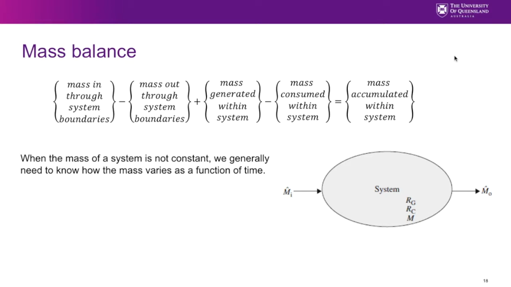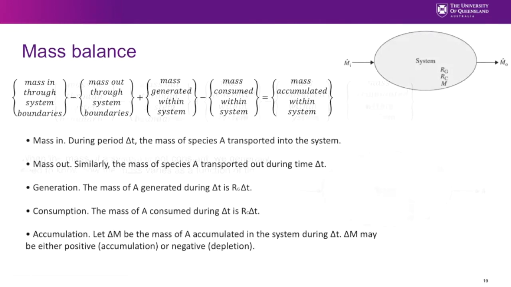The change of the mass over time. But in modeling, we're always going to have dynamic systems that change over time, and then eventually reach steady state conditions. So when the mass of a system is not constant, we generally need to know how the mass varies as a function of time. And this is what we want to know.